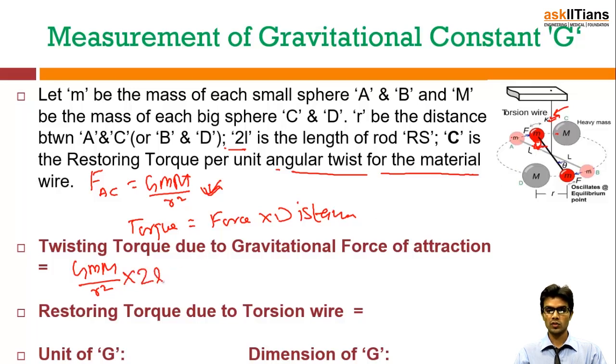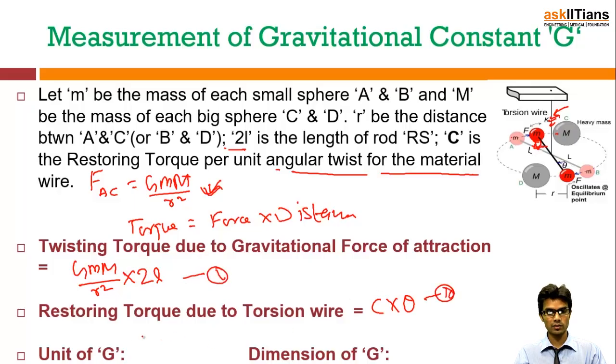Now the restoring torque due to torsion in this wire is C into the rotational angle theta, so C theta. Now compare equation 1 and equation 2.